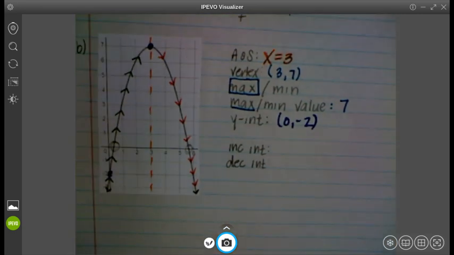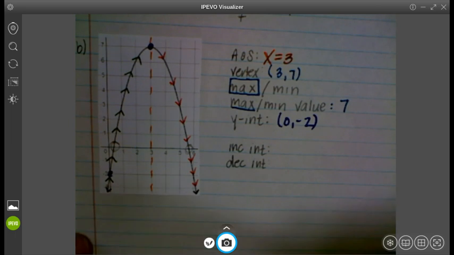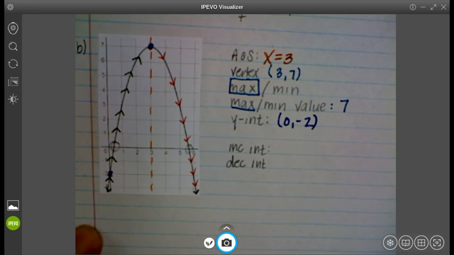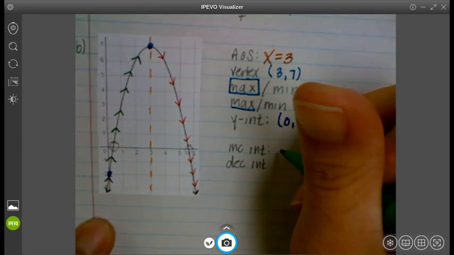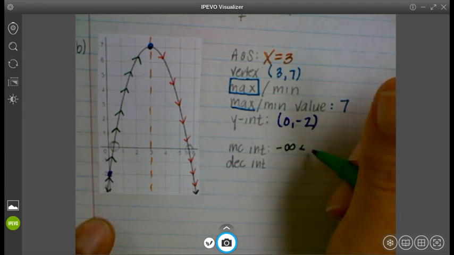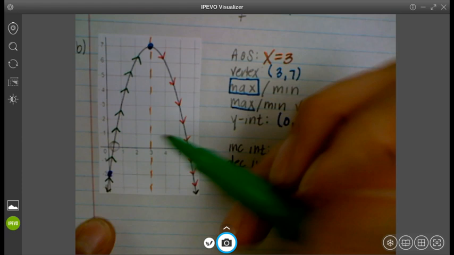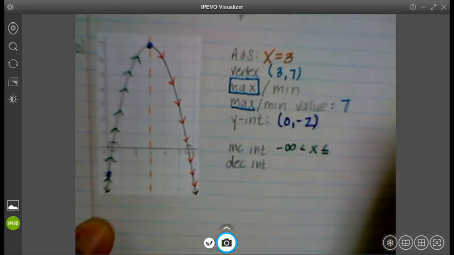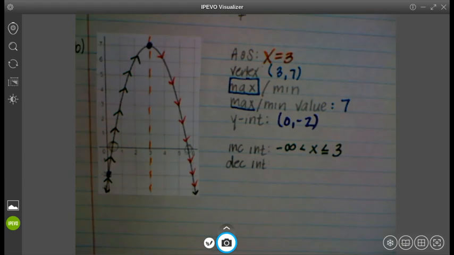So reading from left to right, the left side of the graph is coming from negative infinity. So the increasing interval is negative infinity less than x, less than or equal to, well, it stops increasing at the axis of symmetry, which is where x equals 3.